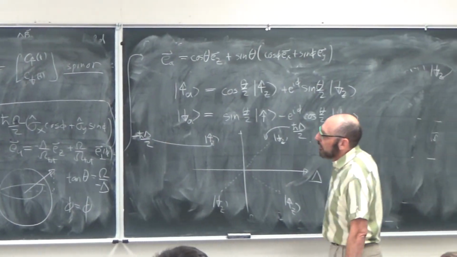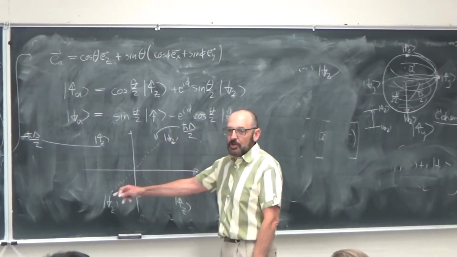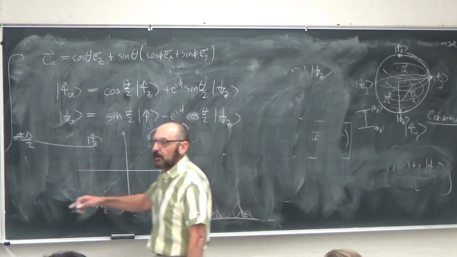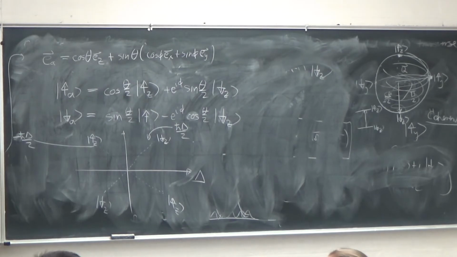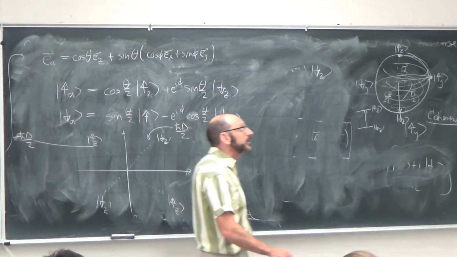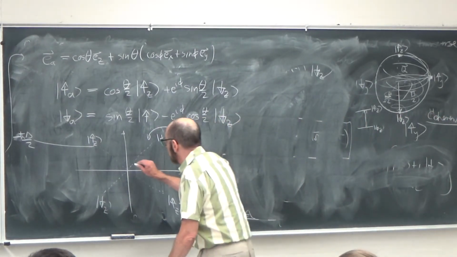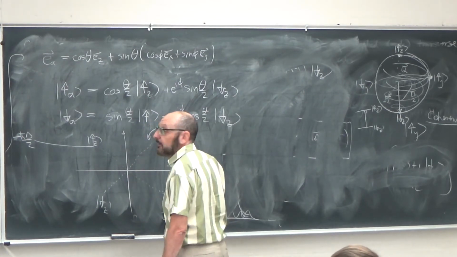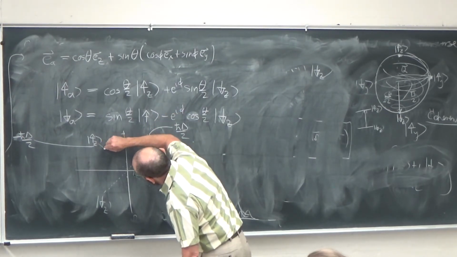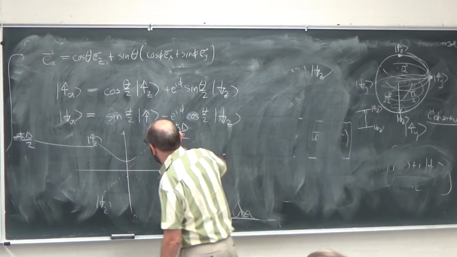So, these are the asymptotes of these curves, when the detuning is huge compared to the Rabi frequency. When the detuning is 0, what are the eigenvalues? Plus or minus h bar omega, the Rabi frequency, over 2. And so what we have is curves that look like this.